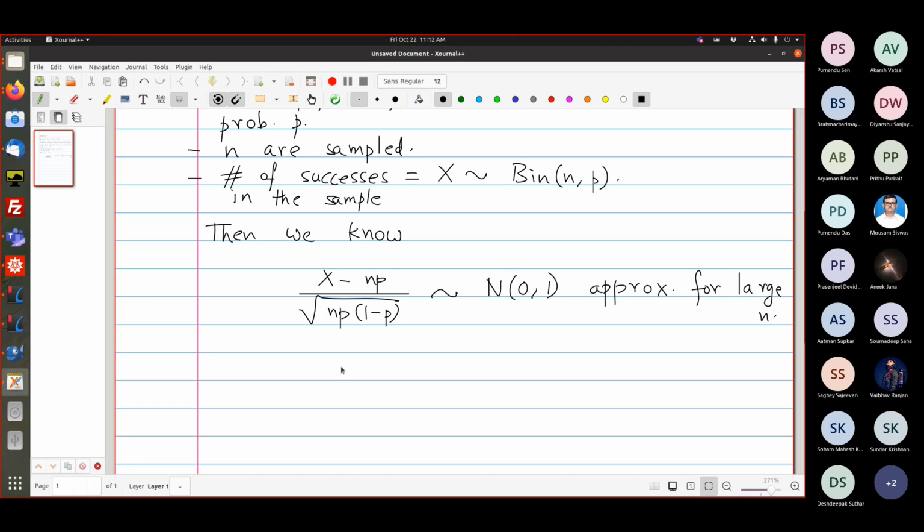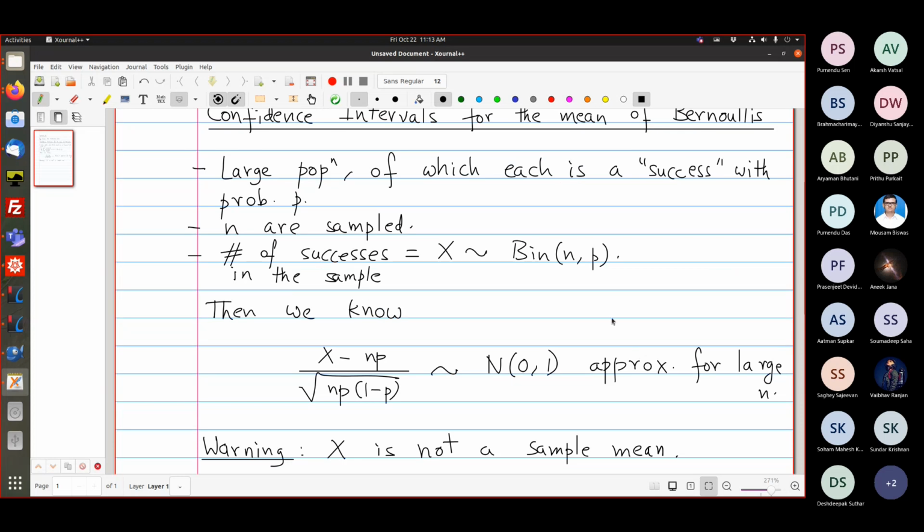So in contrast, I should emphasize, don't get confused. Warning here. X is not a sample mean. It's not a mean. It's a count. We are just counting the number of successes.